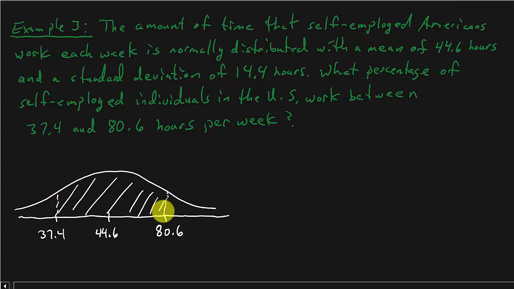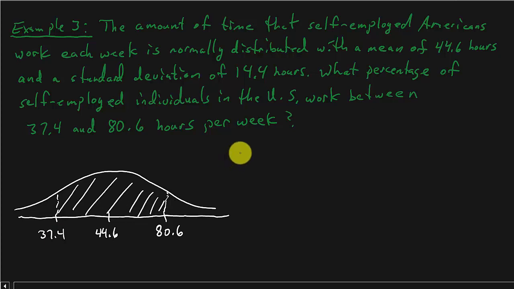And we already know how to figure it out when it's between two numbers. We've got to look up this one and then look up this one and subtract them. But first, we've got to convert each of those to a z-score so we can look them up.